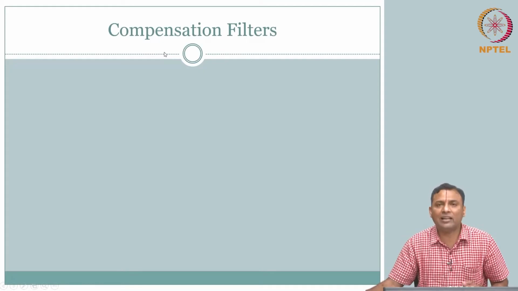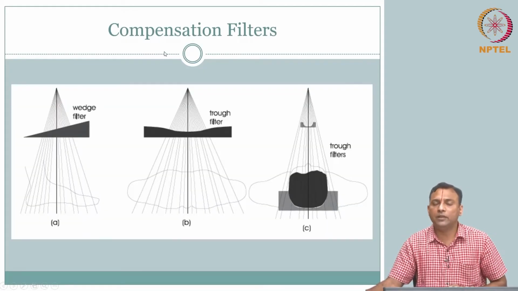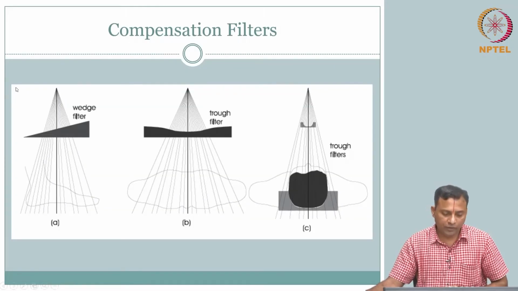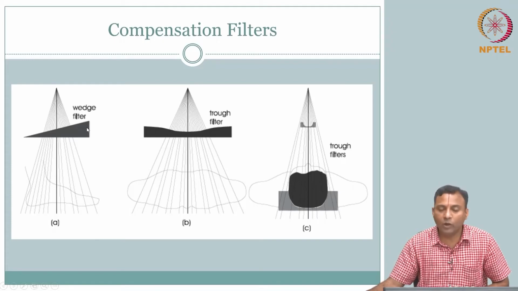Okay. So where are the scenarios? This is straightforward. If I show you some examples, you will get the point. So here, for example, the photons come here. If I did not have this wedge shaped filter, what would happen? Here the X-ray is going through a lot more path length of the tissue. Here it is going through very little.